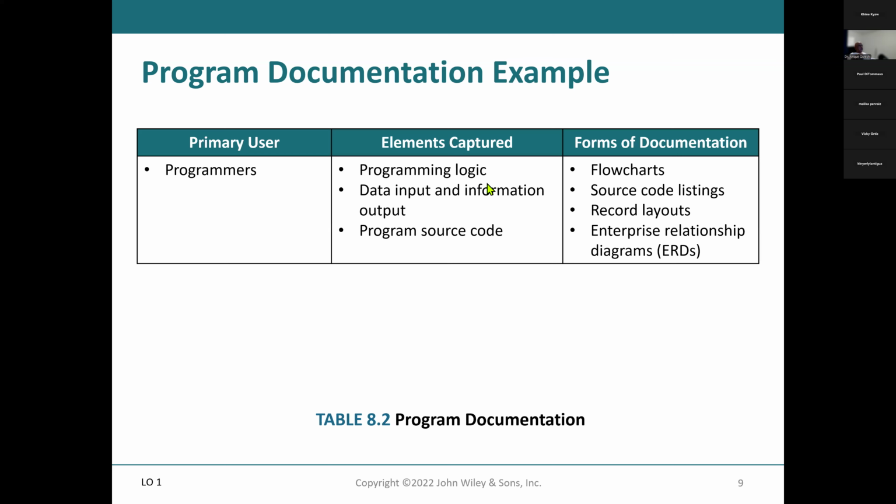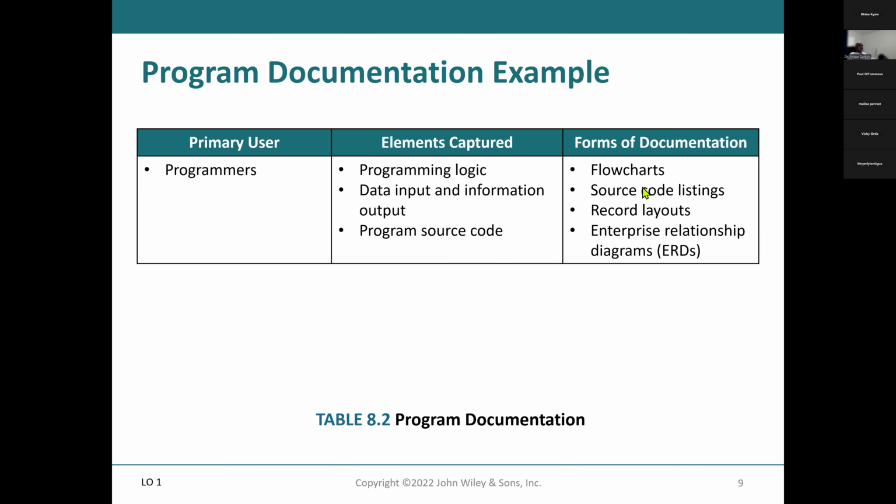So this will contain programming logic, more details about how data is input and what type of information is output, and program source code. Source code is the actual code, the actual program that is being written.